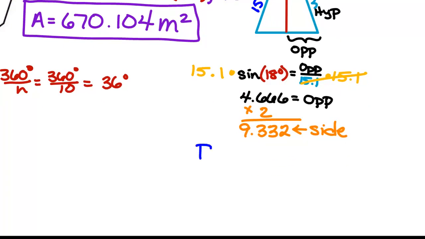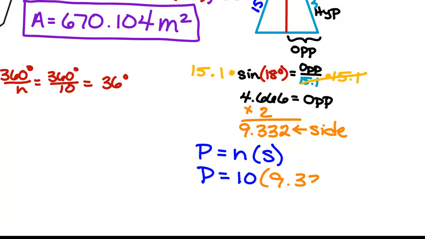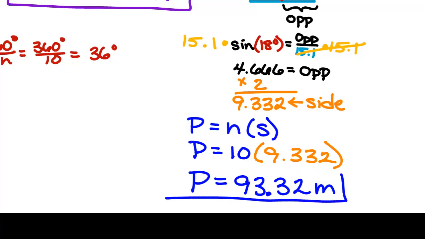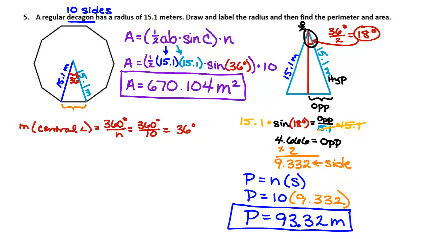And now the perimeter is equal to the number of sides times the length of each side. So I have 10 times 9.332. What does that give me? 93.32. What kind of units? Meters. Very, very nicely done.